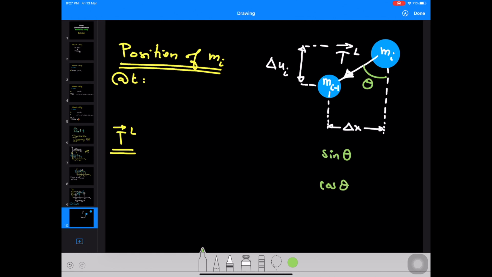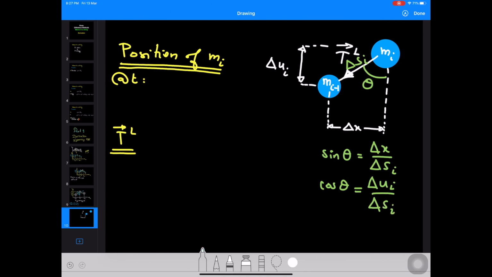Okay? So we will need the distance between mi and mi minus 1, and let's call this distance delta si. In this case, sine theta will be equal to delta x divided by delta si, and cosine theta will be equal to delta ui divided by delta si.